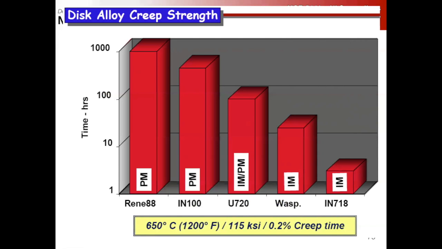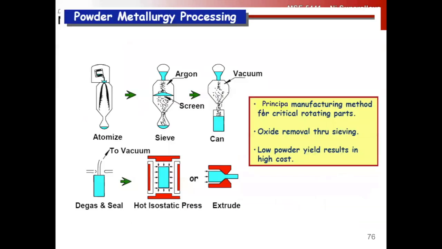I can't think of a lot of metallurgical properties that we've been able to improve by 2 orders of magnitude. That's huge. That'd be the same as going from a 20 megapascal yield strength to a 2 gigapascal yield strength. It's crazy. The development of powder metallurgy processing for superalloys had a lot to do with that.